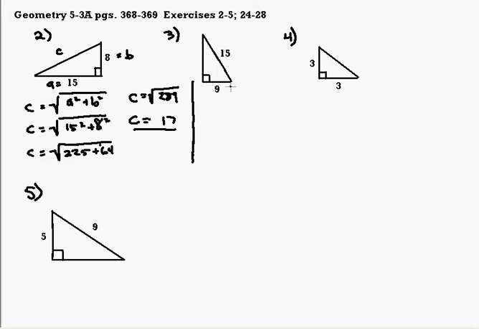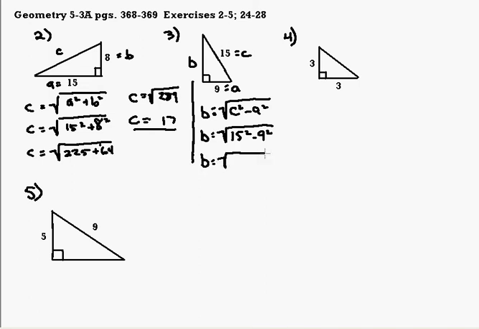So we're going to let this be A, 9, and B is our missing part, and that's C. So if I'm looking for B, well, B is equal to the square root of C squared minus A squared. So B is equal to the square root of 15 squared minus 9 squared.